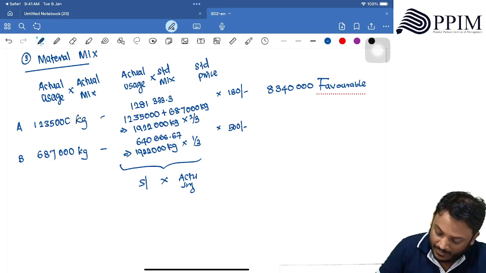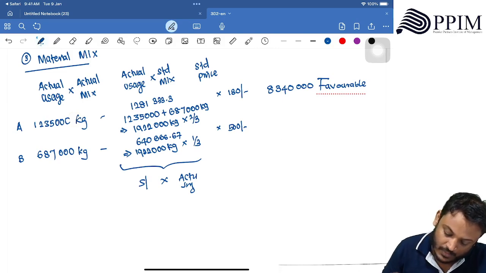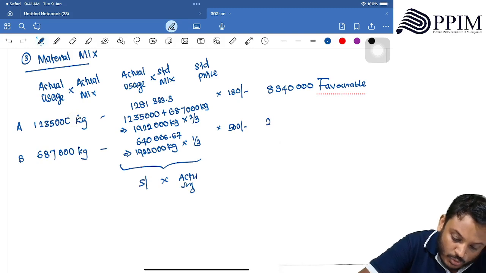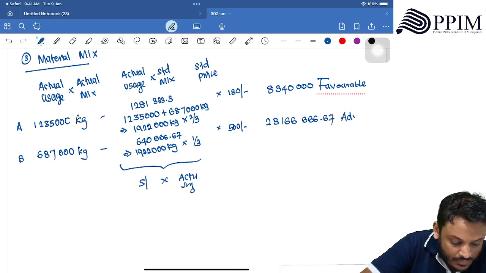Next one, 687,000 minus 640,666.67. So here 46,333.33 multiplied by 500 equals 23,166,666.67.